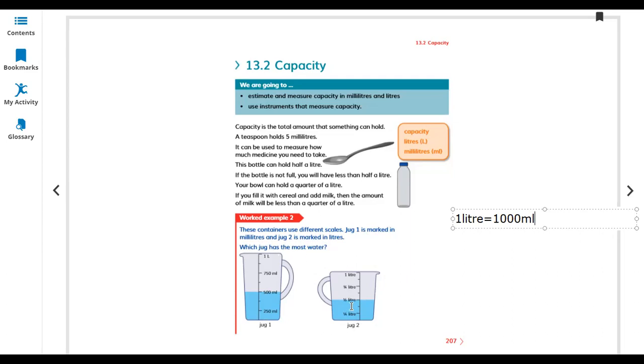Both are the same. As I told you, if 1 liter is 1000, so half a liter is what? 1 by 2 liter, or you can say half, equal to 500. This is the same. This is half. 1 by 2 means half a liter.